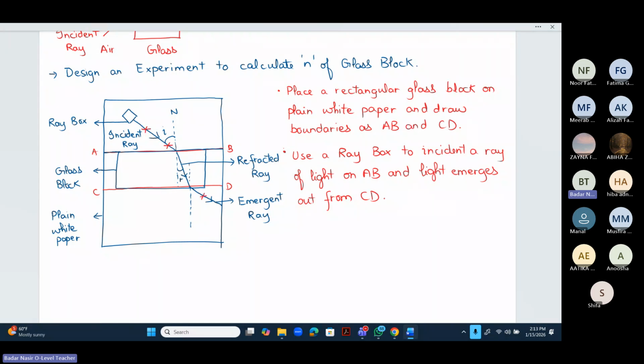ठीक है, अच्छा, सबसे पहले तो हम नॉर्मल ड्रॉ कर लेंगे.